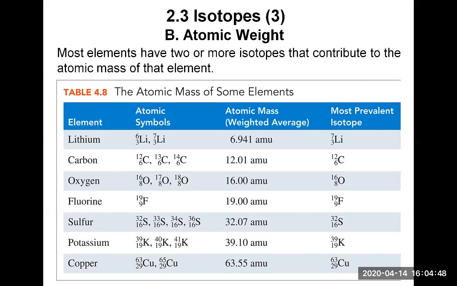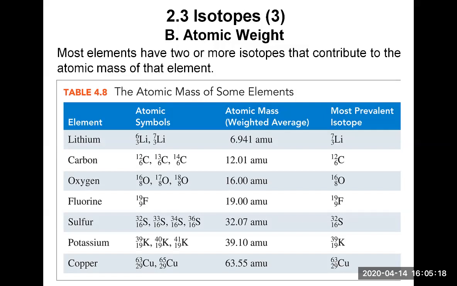And the atomic mass, the weighted average, is 6.941 atomic mass unit. And so when you look at the weighted average, 6.9 is very close to 7 atomic mass unit, right? And so lithium-7 has an atomic mass close to 7, and lithium-6 has an atomic mass close to 6.